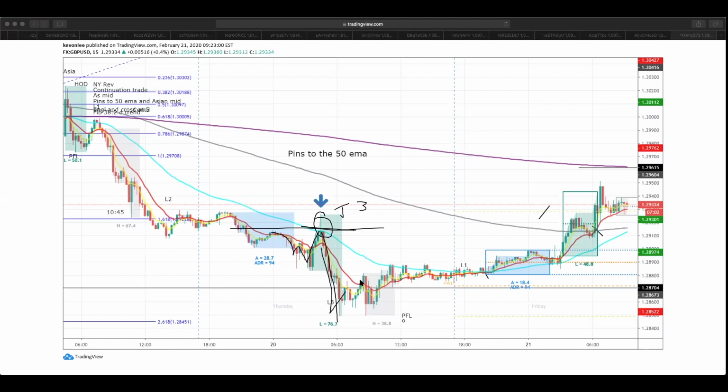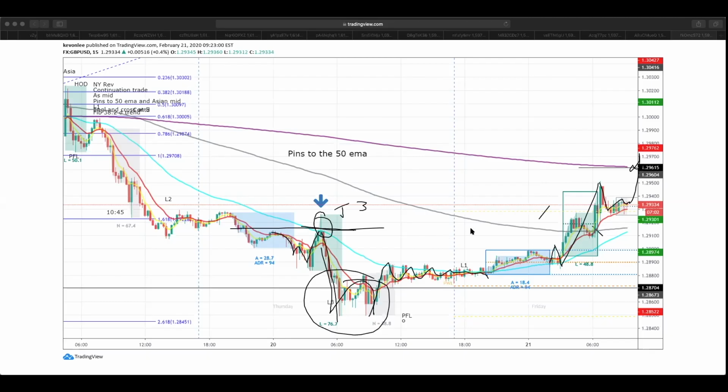This was Thursday. You had a peak formation low here, sideways movement, right, opening of the US session, literally pinned up, pinned back down, and then took off. And then this went all the way up to the 800 throughout the day.